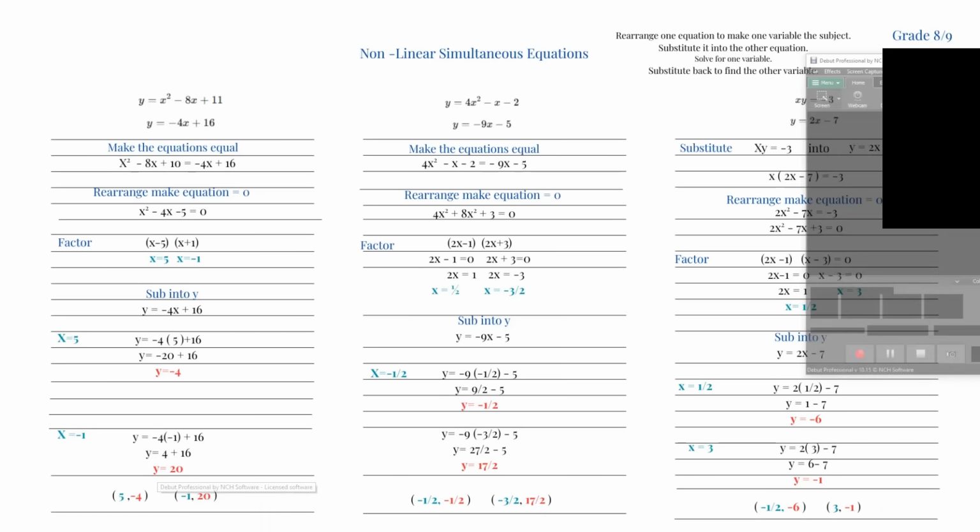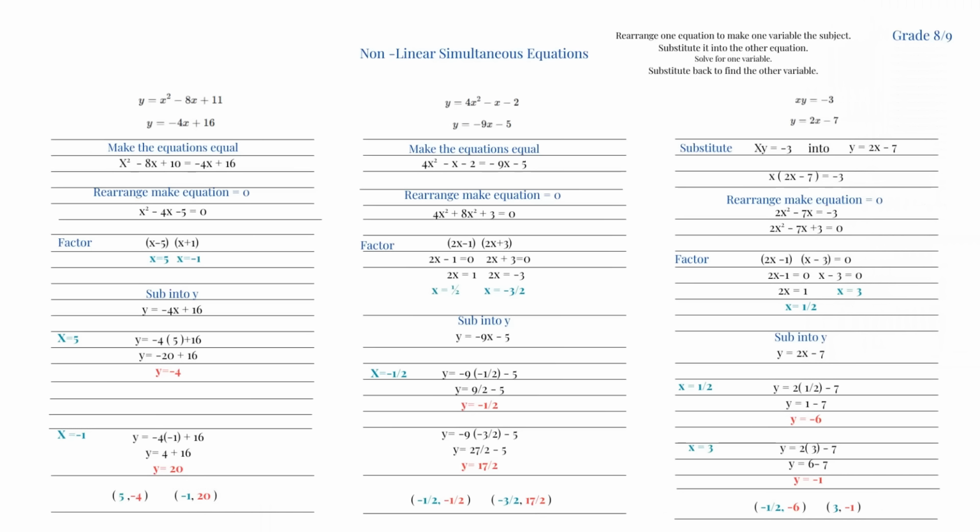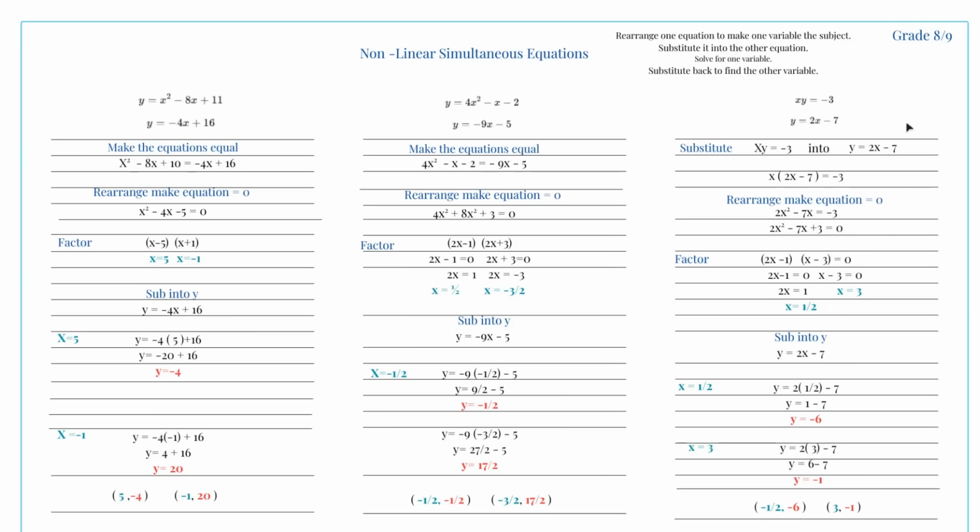And then the final question has slightly more to it. So here we've just got xy equals minus 3, so it's a really small one, and y equals 2x minus 7. So I'm going to substitute my y equals 2x minus 7 into my xy equals minus 3.